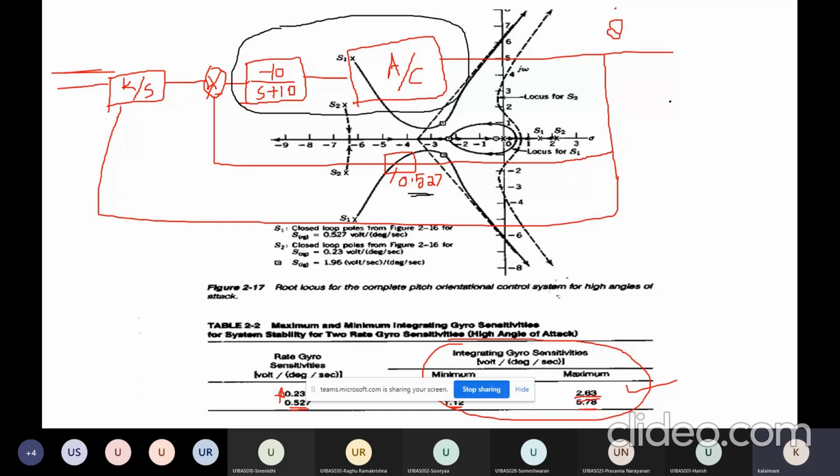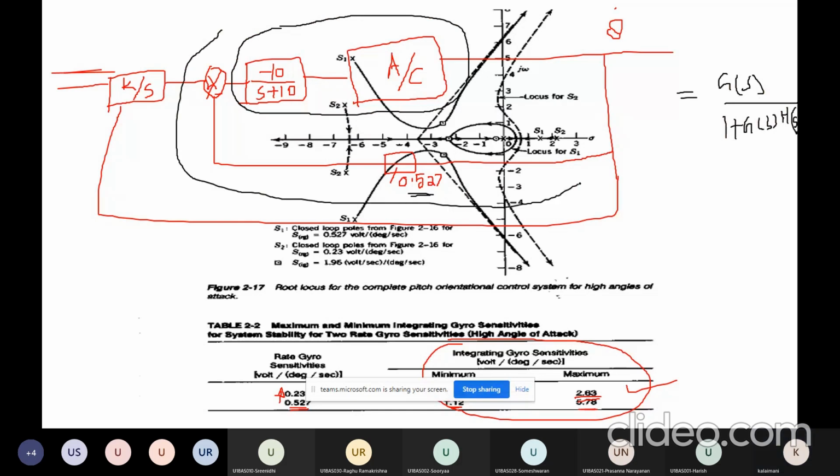Then how can you find it? We can use this formula, G of S divided by 1 plus G of S into H of S. Then we make this overall block into a single block, where in this case G of S is nothing but minus 10 divided by S plus 10 into the aircraft dynamics transfer function.